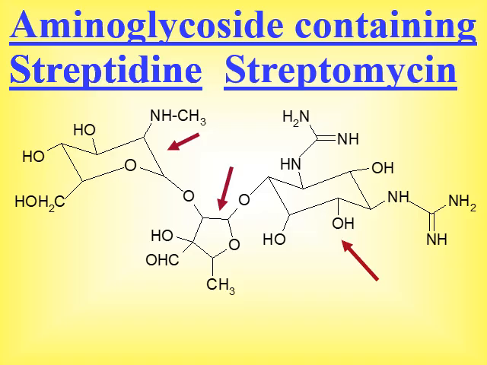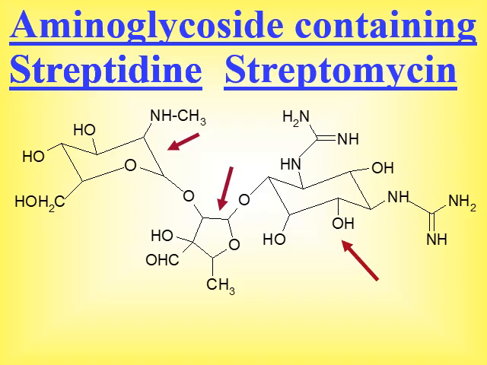We knew it is glucose because it has oxygen in the ring. The 2 glucose here, in the middle one is L-streptose, and the other one is N-methyl glucosamine. Therefore, in streptomycin, we have the streptidine attached to L-streptose and N-methyl glucosamine.